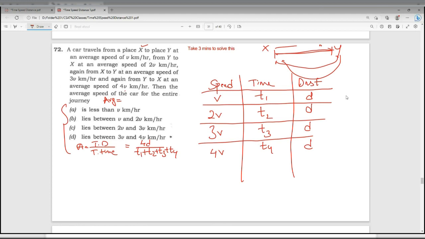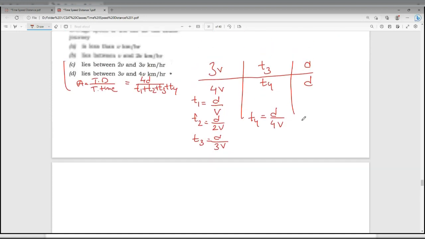Now from the formula, speed into time is equal to distance. So we have t1 is equal to d by v, t2 is equal to d by 2v, t3 is equal to d by 3v, and t4 is equal to d by 4v.